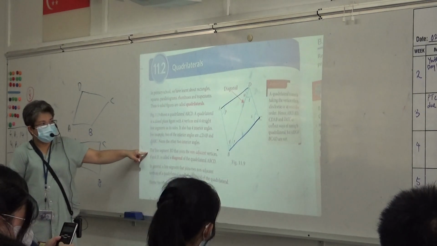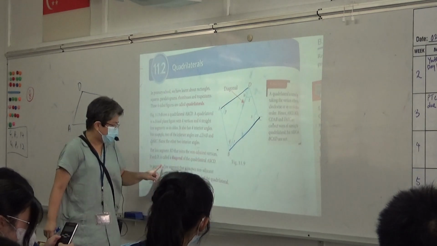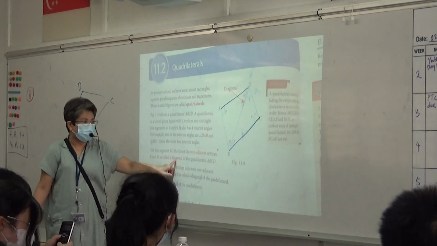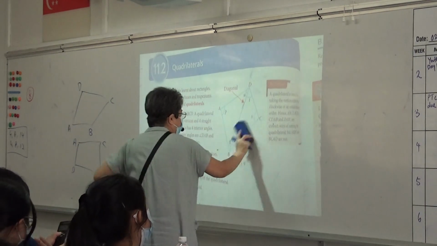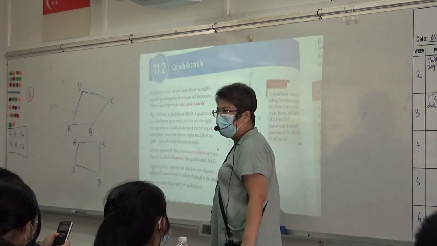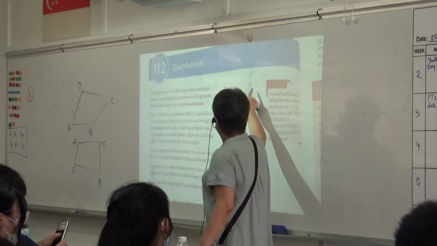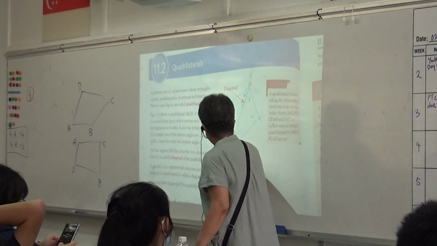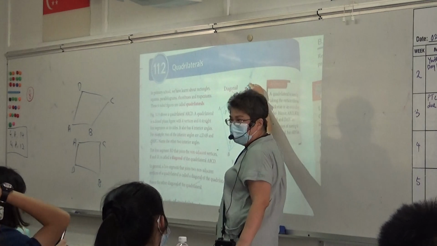Now, the line segment BD, okay, that joins non-adjacent vertices B and D is called a diagonal. Now, what do you mean by a diagonal? Now, can you see that this quadrilateral has four vertices, okay? A, B, C, D, right? If you join the opposite like that, this line BD is called the diagonal.